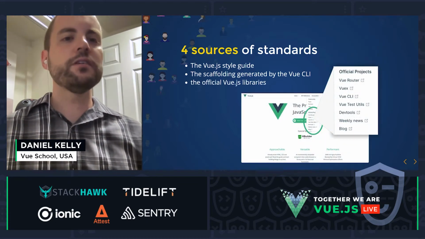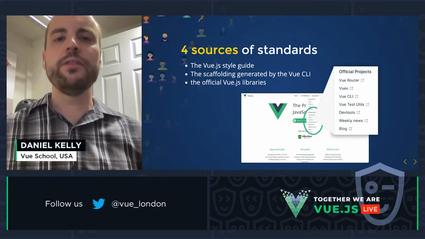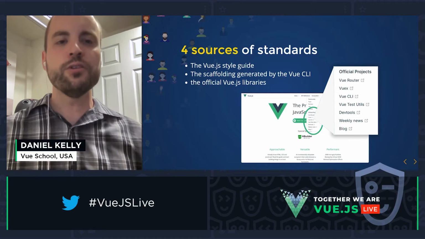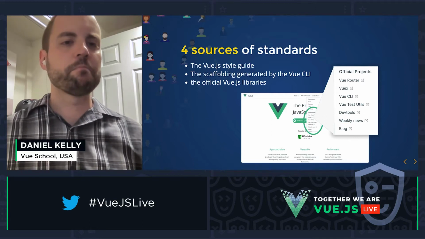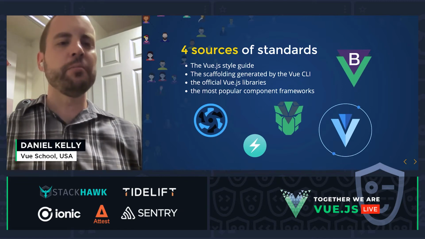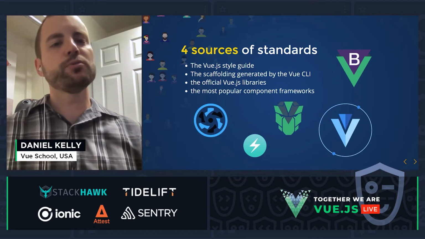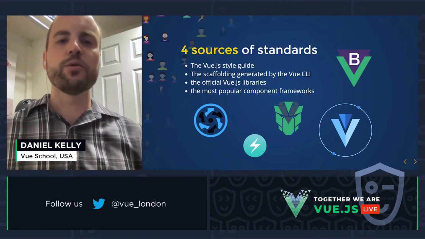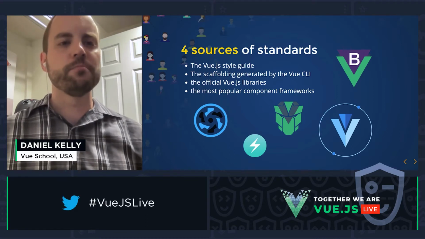Another source is the official Vue.js libraries, and those are all the libraries listed on the official Vue documentation website under the official projects piece there. And then lastly, and yes, admittedly, maybe a little bit more loosely, we have the most popular component frameworks. Things such as Vuetify or Quasar or Bootstrap Vue.